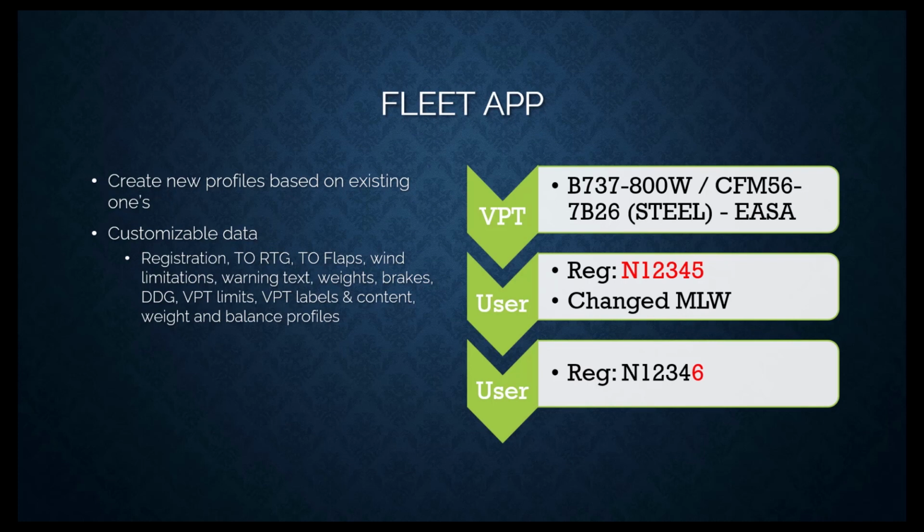You'll be able to update or change all the VPT labels and content. For example, you can change the way the engine anti-ice is expressed. So you can change the content of it. You can change the available runway condition, and so on and so on.